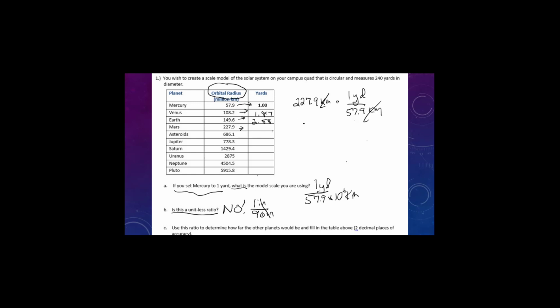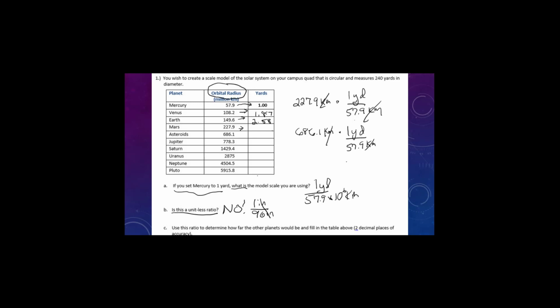I'll do one more. The asteroids are 686.1 millions of kilometers times our scale model, which is 1 yard over 57.9 millions of kilometers.